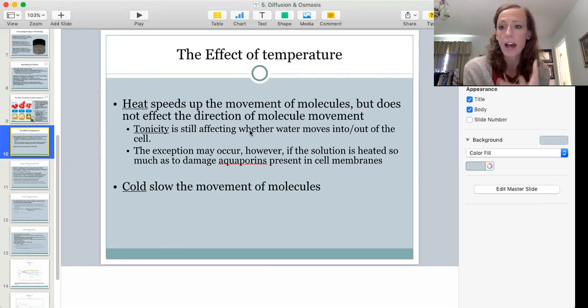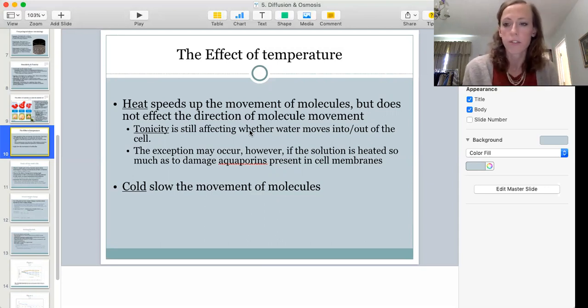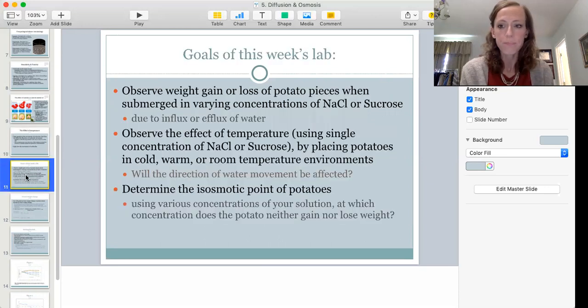If they have been in too hot of an environment, then their structure deteriorates and they are not able to allow water to pass from one side to the other of the cell. And so you might not see the same directional change of water movement because of the damage to the aquaporins. So if you heat it too much, then you might not observe this effect of temperature on the movement of our molecules, okay? All right, next slide.